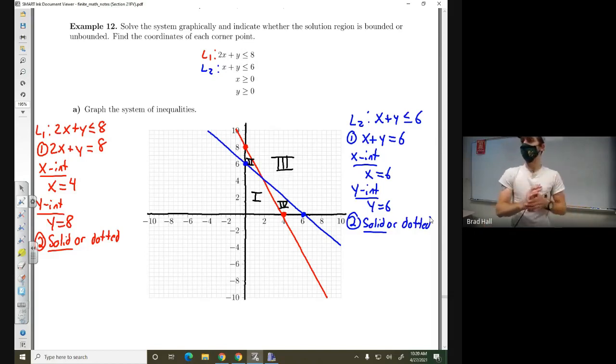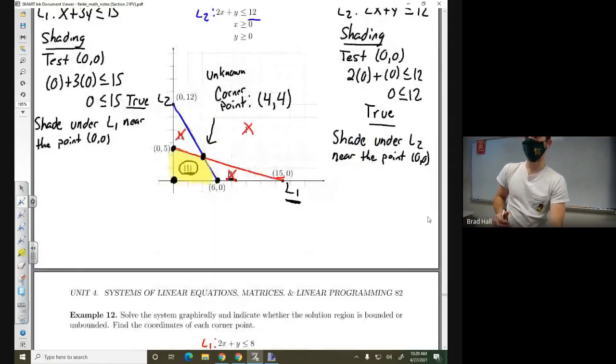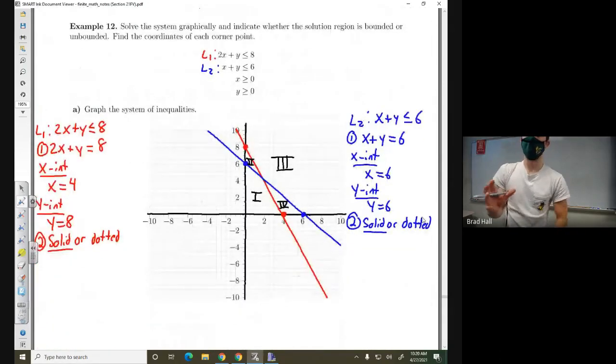Notice how we're staying in the top right quadrant, the first quadrant here. And with that, we have 4 regions that we need to go through. This is actually very similar to the above problem, except here they just didn't zoom in on the top right quadrant of the graph.